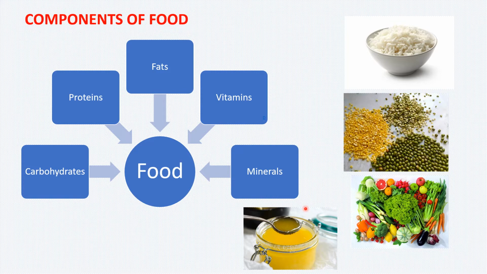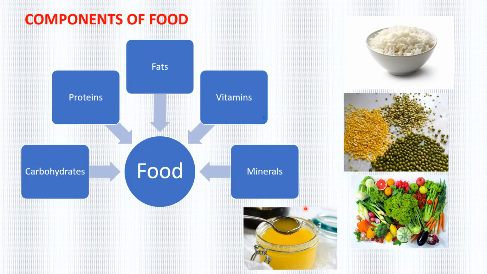There are so many vitamins like vitamin A, vitamin B, vitamin C, vitamin D, vitamin E and vitamin K. So where can we find these vitamins? We can find them in vegetables. For example, carrot is rich in vitamin A.